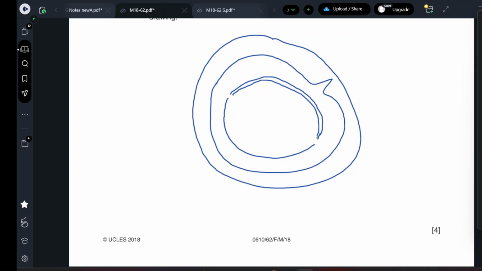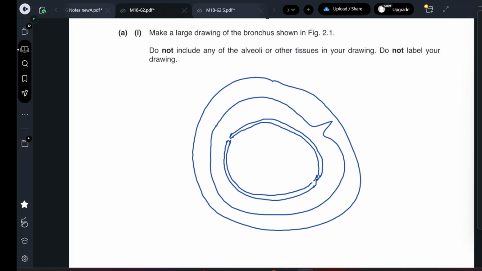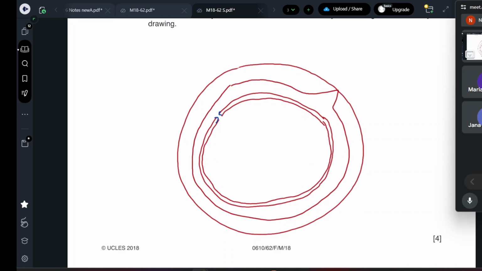Double lines that have a tiny break between them. This is the inner layer. It is not continuous. This will be my drawing. It's not continuous. The inner lines are not continuous, and the 3 layers.